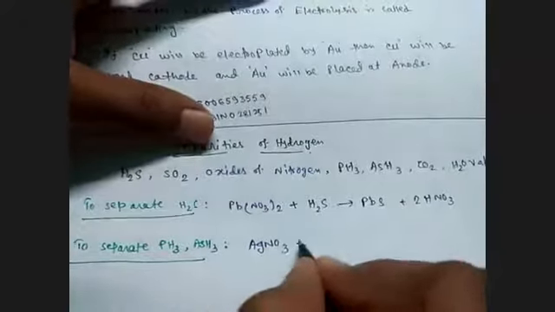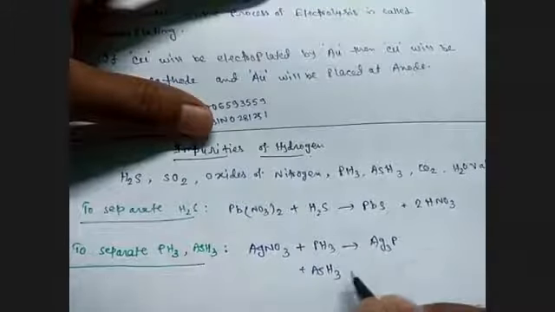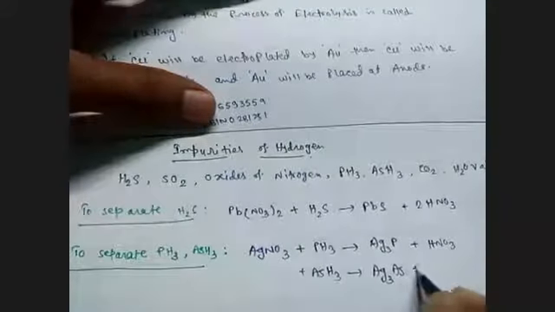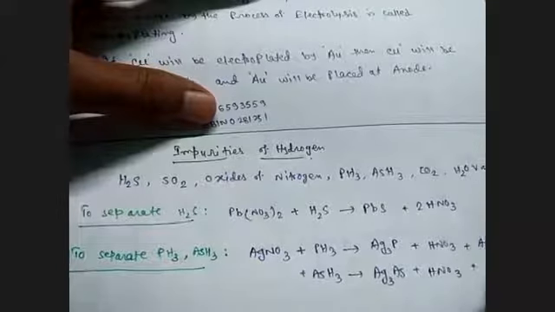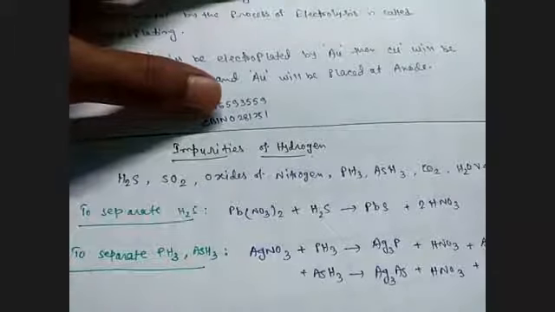So when hydrogen gas is passed through silver nitrate solution, the phosphine or arsine present in it reacts with silver nitrate to form the precipitate of silver phosphide and silver arsenide. Okay, and simultaneously it forms some nitric acid, and some amount of silver nitrate remains unreacted.